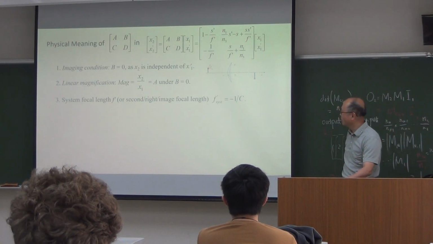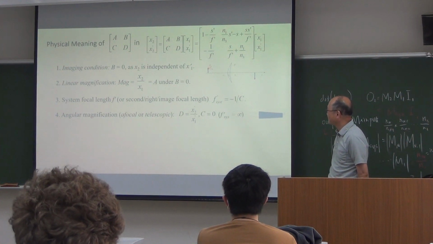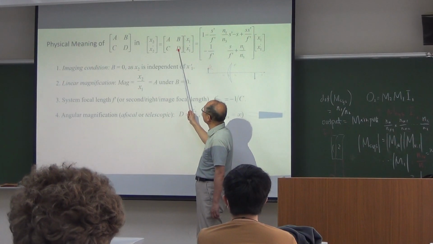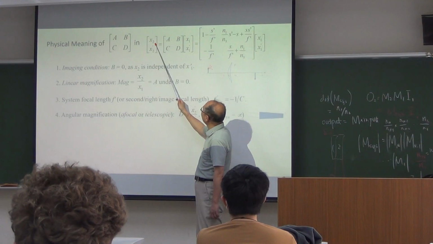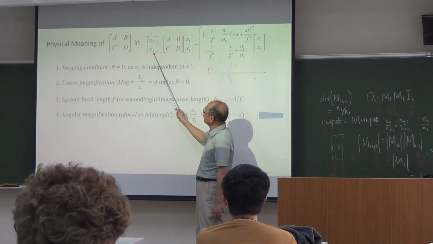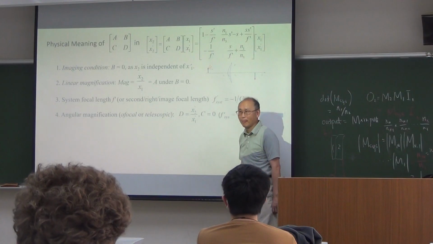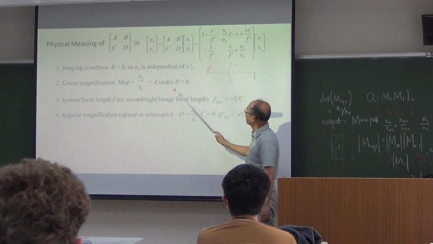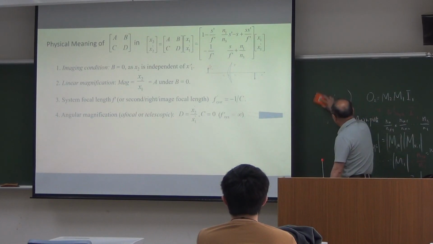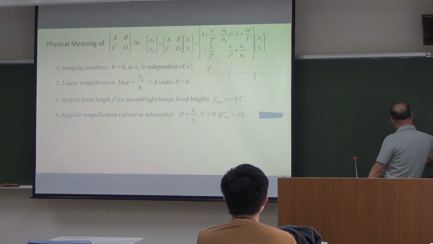And then finally, what is D? If I want to extract D from this calculation, x2 has nothing to do with D, but D is more related to x2 prime, the real angle on the other side.